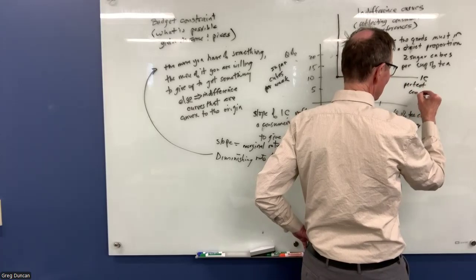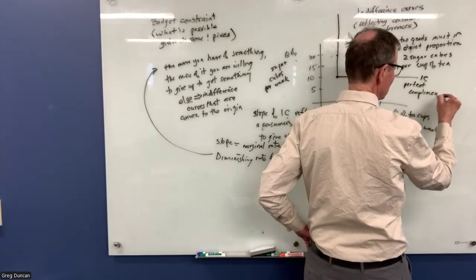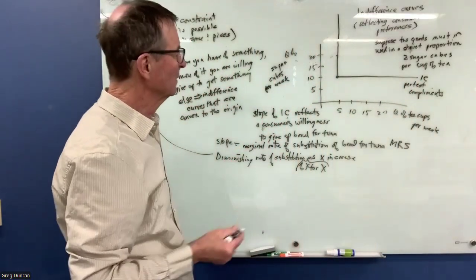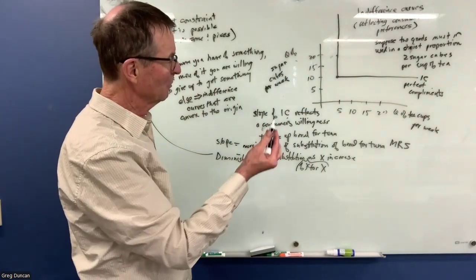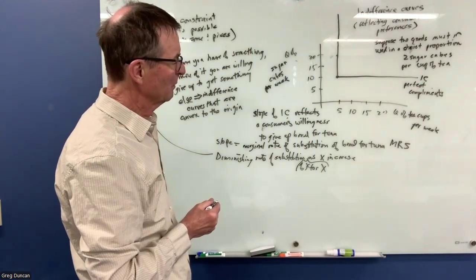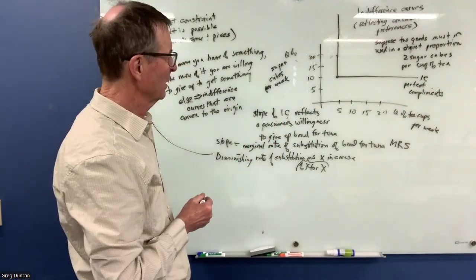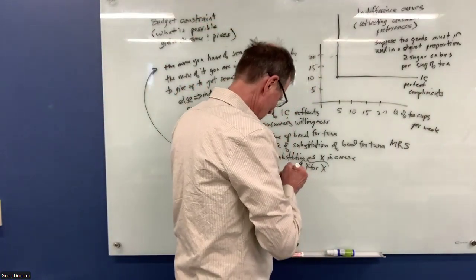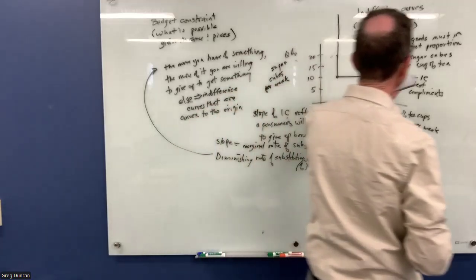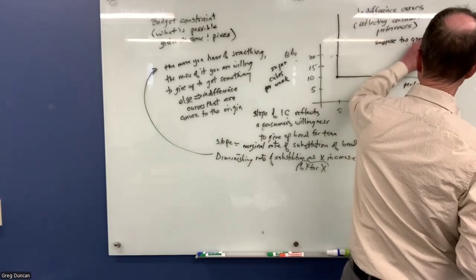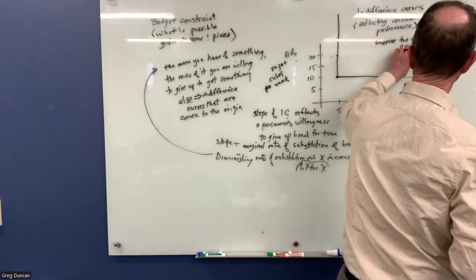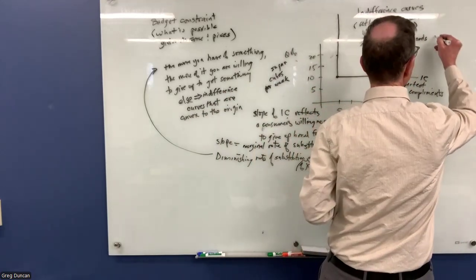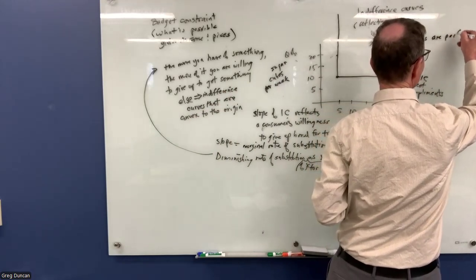This is called perfect complements. They have to be used in strict proportion. So the kind of curvature, this is pretty extreme, but you can imagine some indifference curves being relatively flat and some being quite U-shaped. On the other hand, suppose two goods are perfect substitutes for one another.